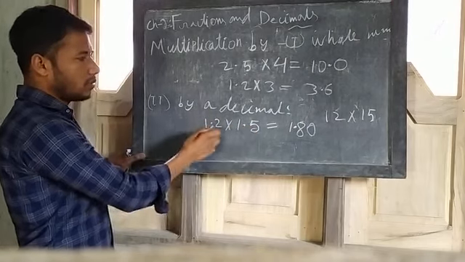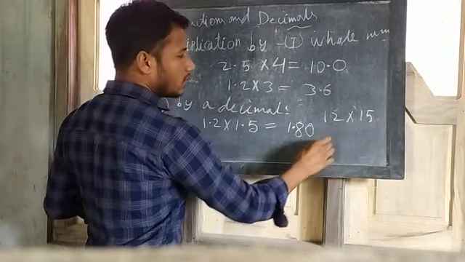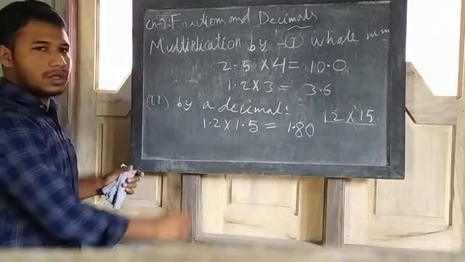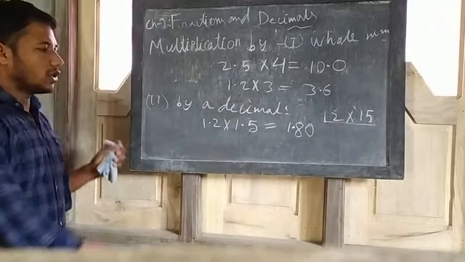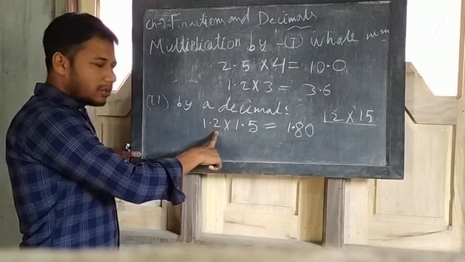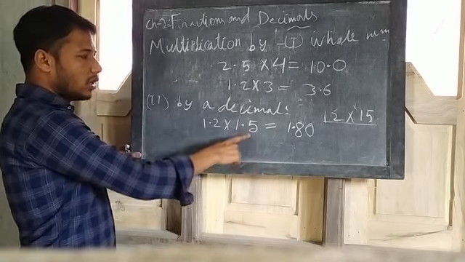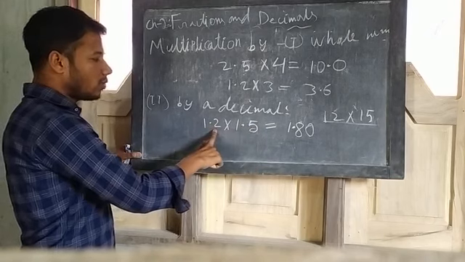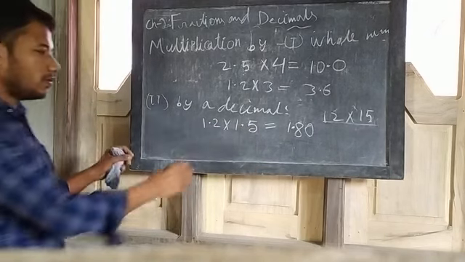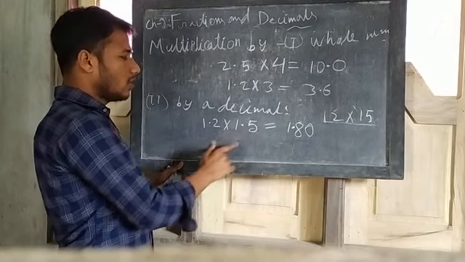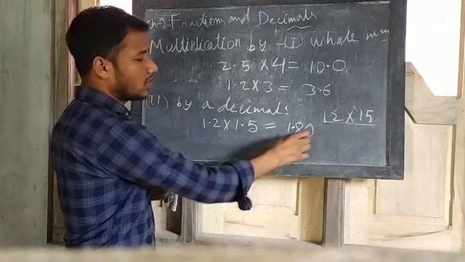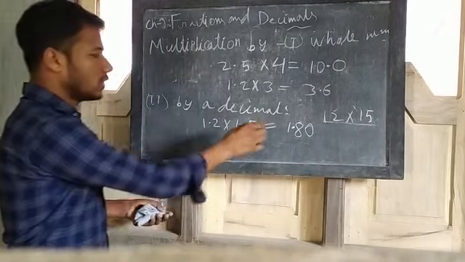First we have to multiply the digits 12 into 15. Okay, like this. Now write the multiplication. Now see before how many digits here the point is, and here also. Here is before one digit, here is before one digit. So we have to add 1 and 1, 2. So here will be the decimal point before two digits.